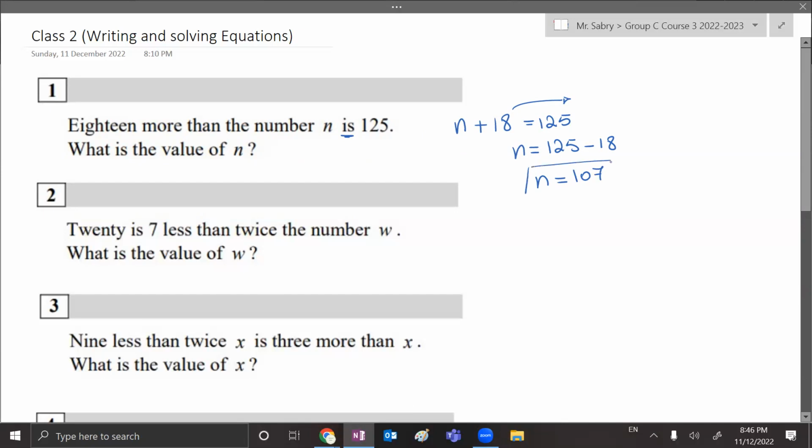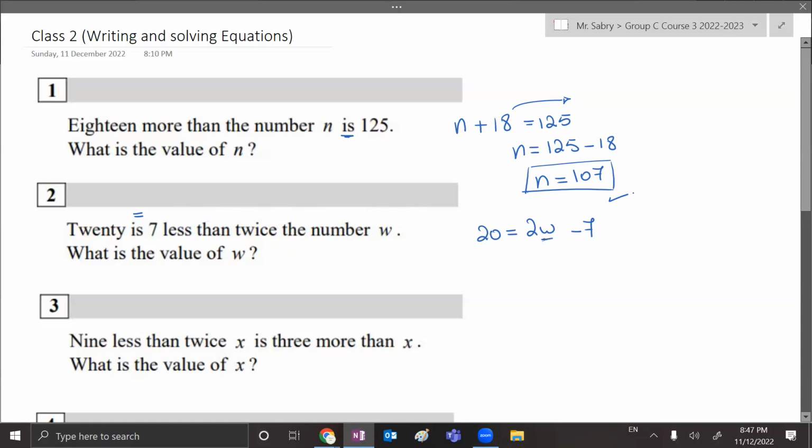Does this make sense? It's easy, right? That's very similar to what we did yesterday. When I say 20 is, again, remember that is means equal. So 20 is means 20 is equal to 7 less than something, so something minus 7. 7 less than what? Twice the number w, so I'll put the 2w there. And then they're asking me, what's the value of w?